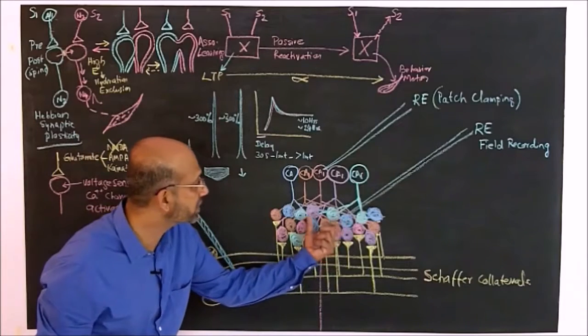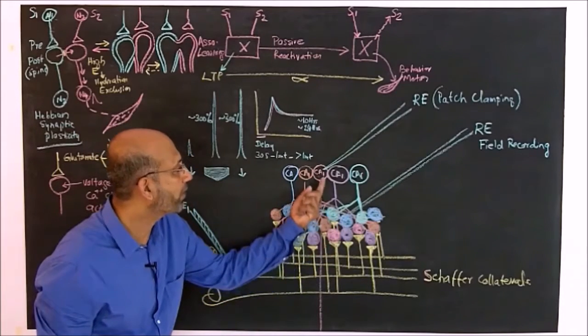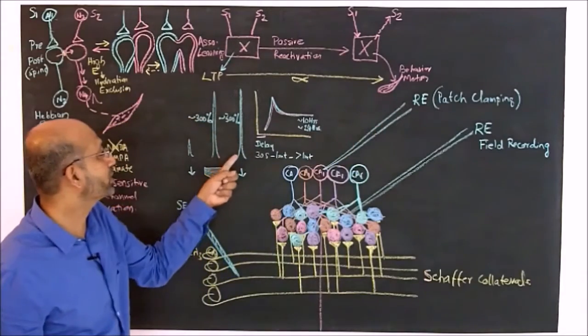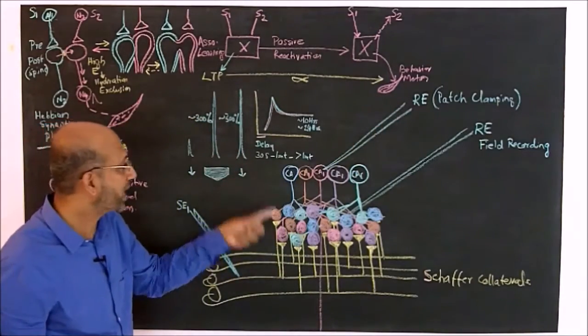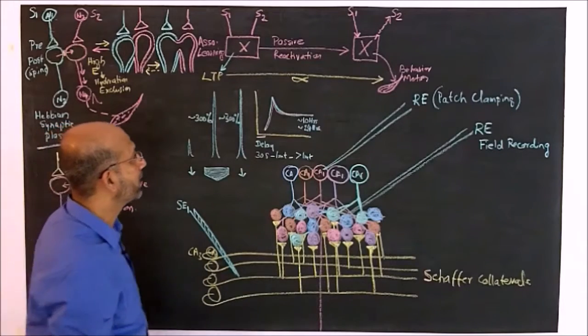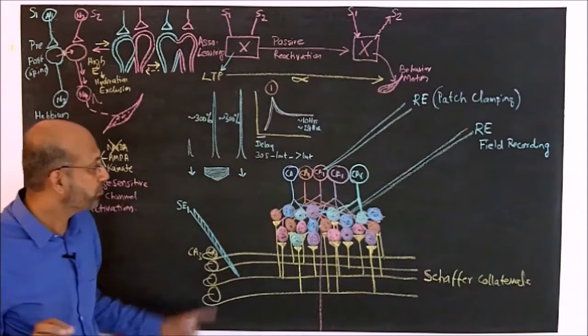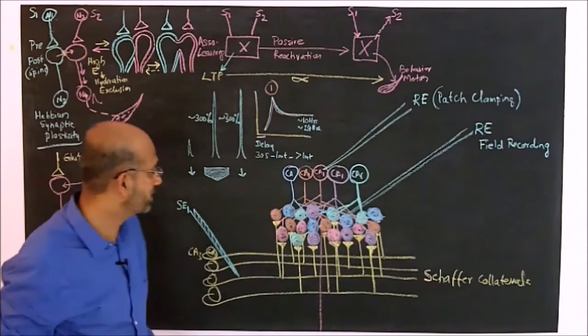Since all these potentials get summated while arriving at the CA1 neuron, we can get continuous potentiated effect. So that can explain the potentiation. So that is one explanation by the semblance hypothesis.